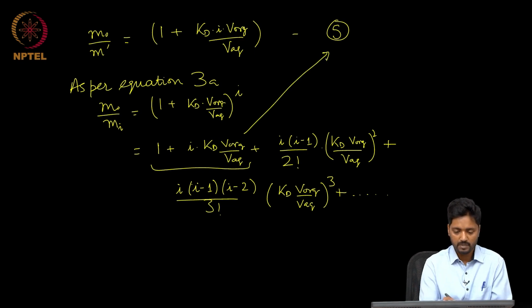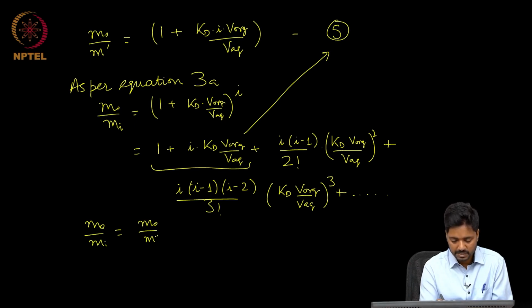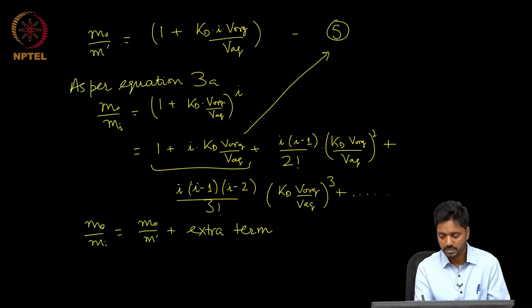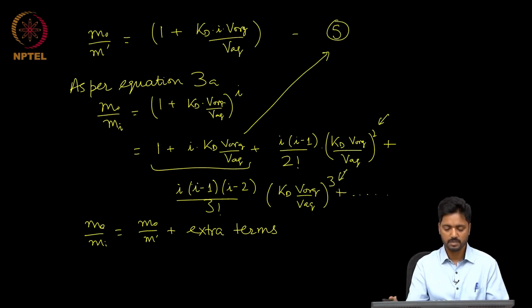equation 5. So, in other words, m naught by m I is equal to m naught by m dash, which was the mass fraction remaining unextracted after the single extraction, plus extra terms which are the square and the cube terms.